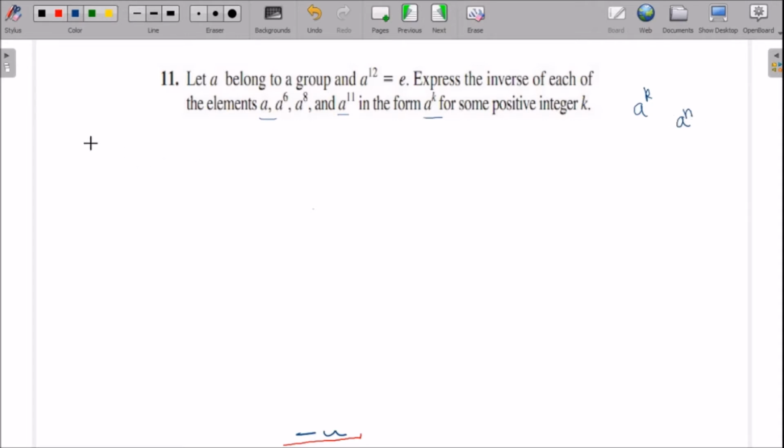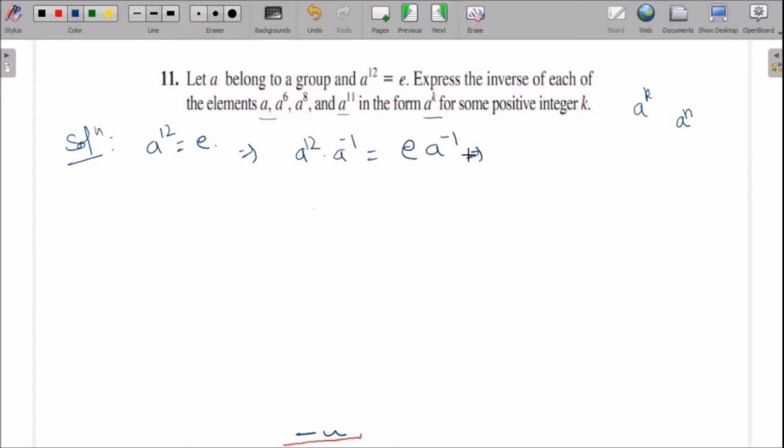Let us start. What we have been given is a to the power 12 equals identity. We need to find the inverse of a, so let us multiply both sides by the inverse of a, that is a inverse.